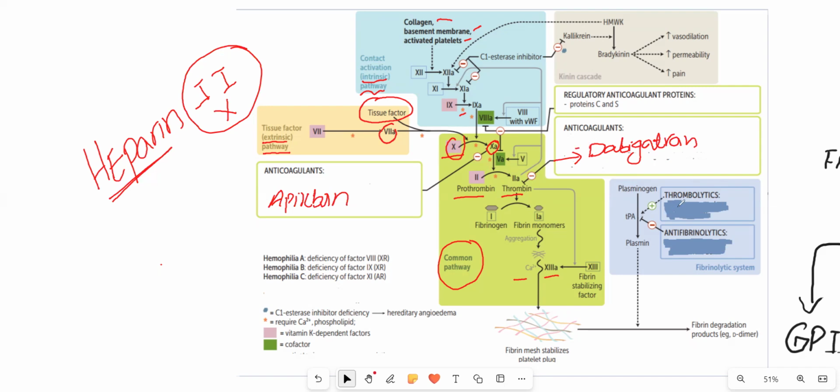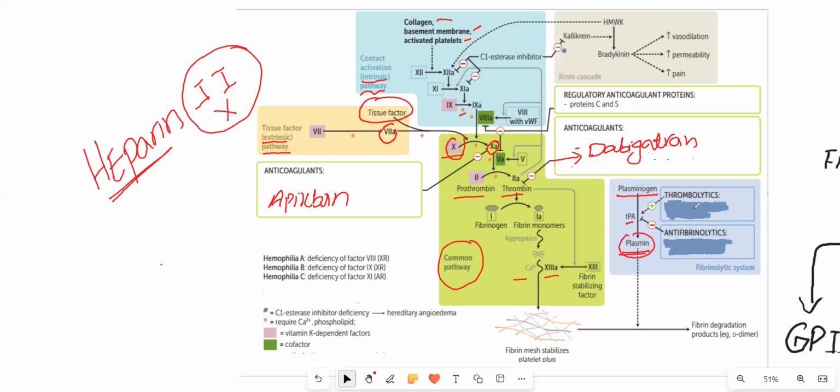Okay, there are other drugs that act on this coagulation pathway. These are again high yield stuff. Normally, plasminogen is converted, in the presence of tissue plasminogen activator, into plasmin. Then this plasmin degrades fibrin, and in this way it breaks down the clot, right? So what are the drugs that activate the conversion of plasminogen into plasmin?